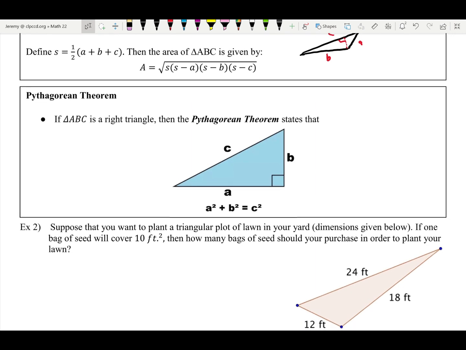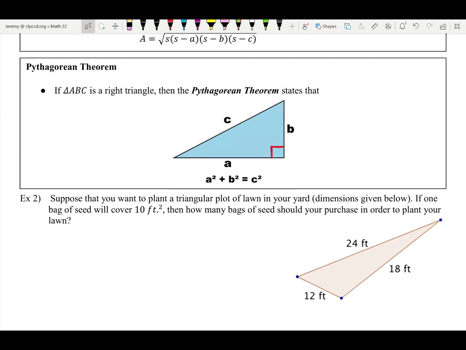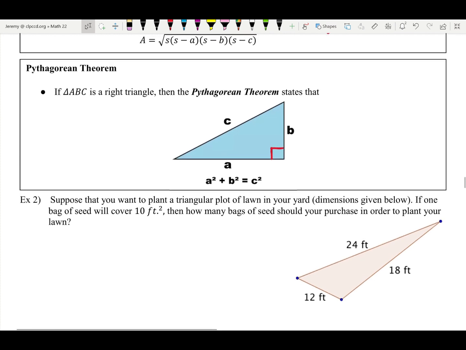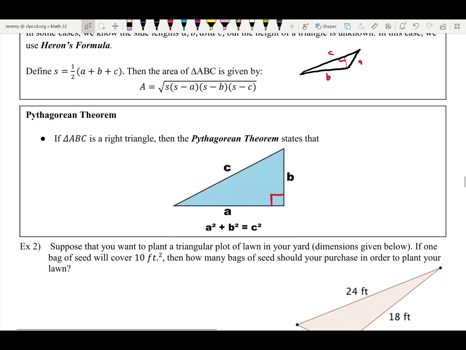The Pythagorean theorem tells us that if ABC is a right triangle, this only applies to right triangles, then the length of the hypotenuse squared is equal to the sum of the squares of the lengths of the legs. A better way of saying that is just A squared plus B squared equals C squared, where A and B are the legs and C is the length of the hypotenuse. Okay, so those are our important formulas for triangles.